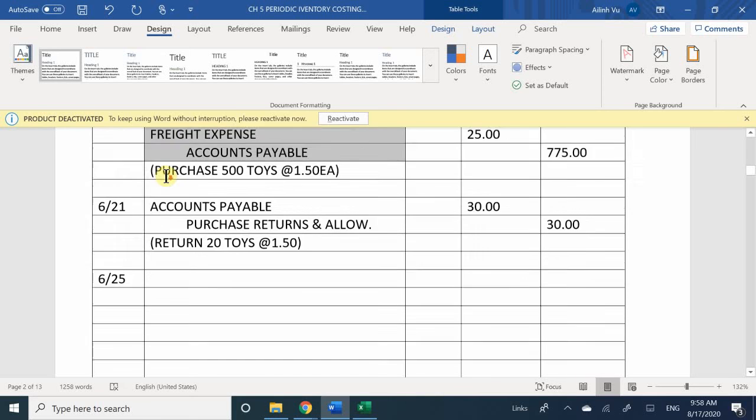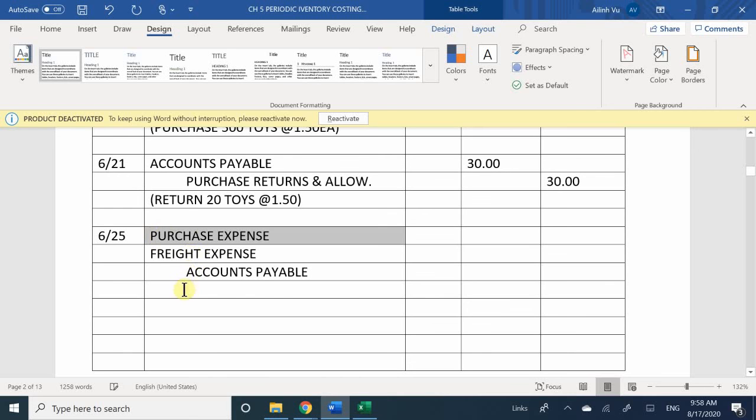Yes, because we're increasing our expenses, and we're increasing our accounts payable, the amount that we owe, because we made a purchase of 600 toys at $1.75. So here we solved from above, which was $1,050. $30 freight gives us a grand total of $1,080.